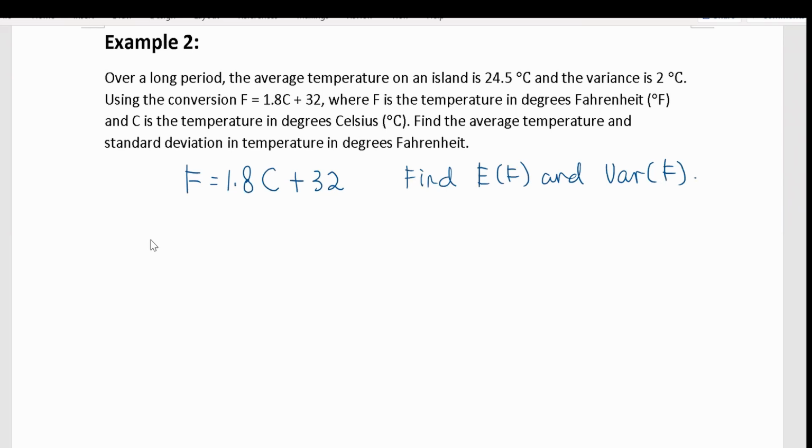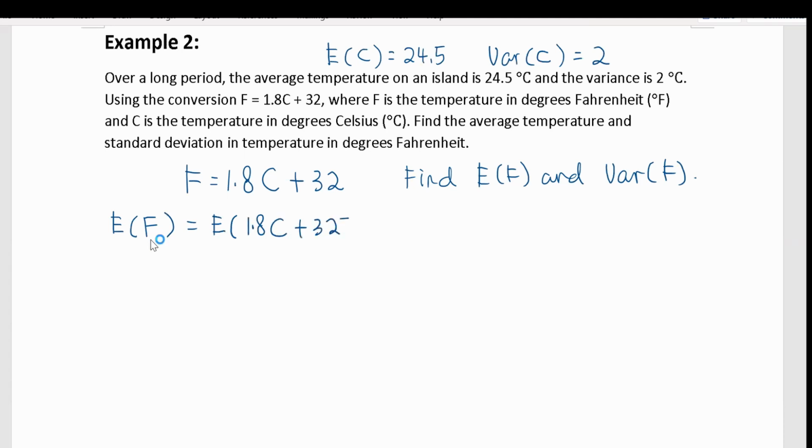Information given, the E of C, the average temperature for the island in degrees Celsius, is given as 24.5, and the variance of temperature in degrees Celsius is given as 2. Using the formula I mentioned before, this is how we calculate the mean of F, which is the mean of 1.8C plus 32.